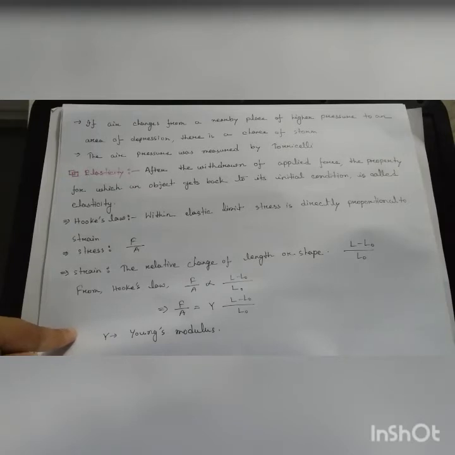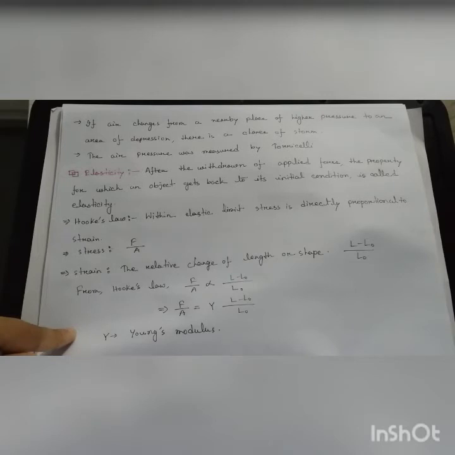So whenever there is a chance of storm or depression, the right prediction about the weather forecast can be known from the observation of air pressure.